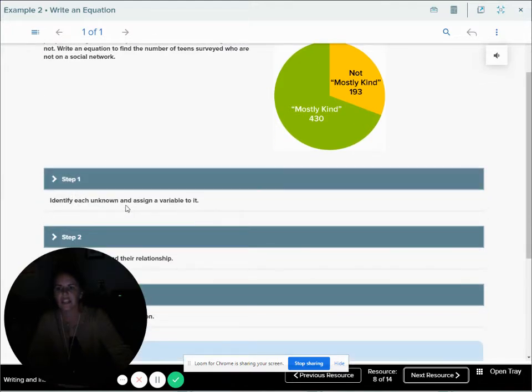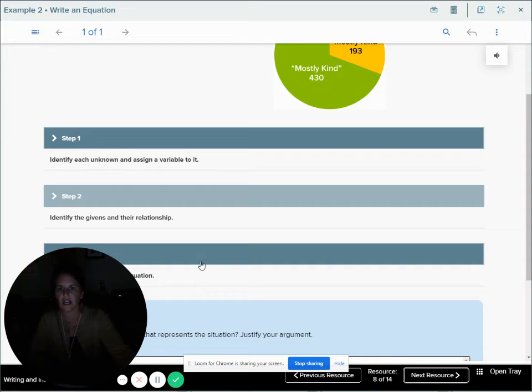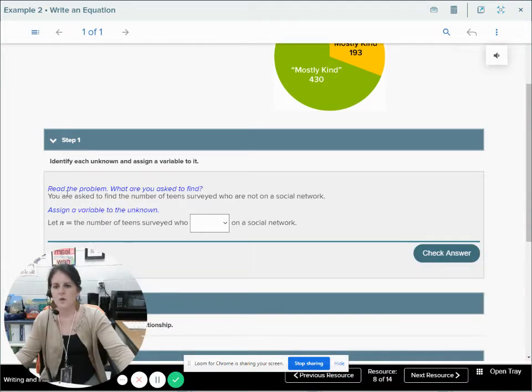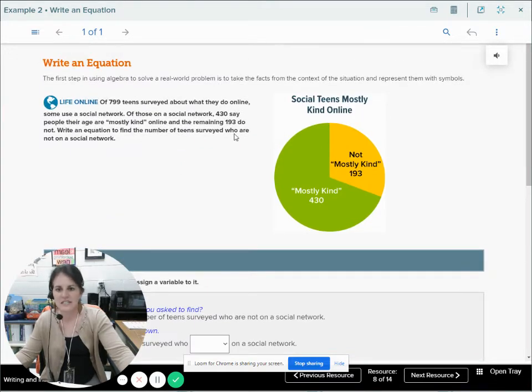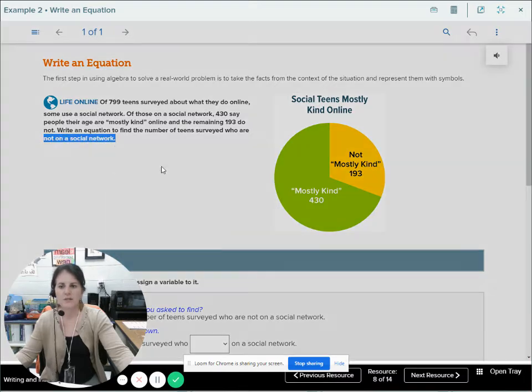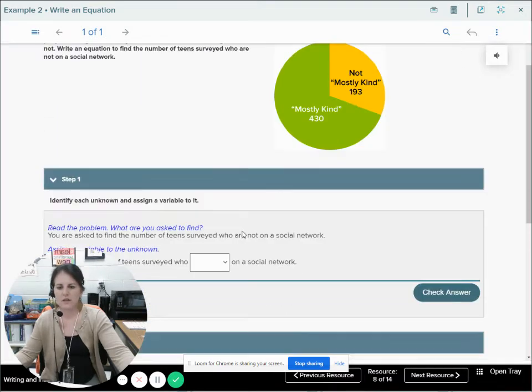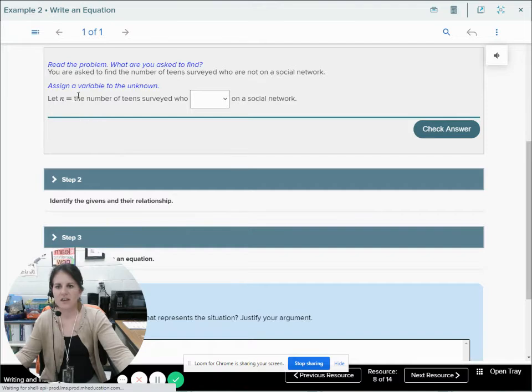So first we've got to identify each unknown and assign a variable to it. Read the problem. What are we asked to find? We're wanting to find the number of teens surveyed who are not on a social network. So first we need to identify the unknown.